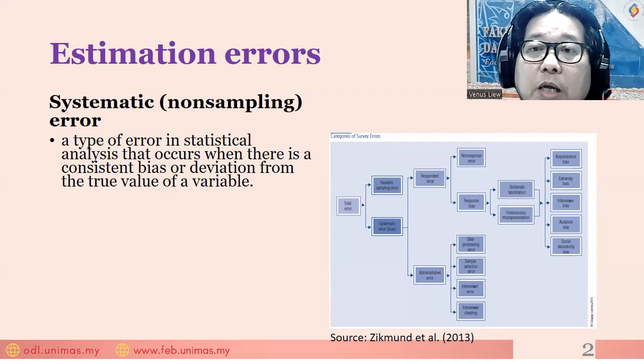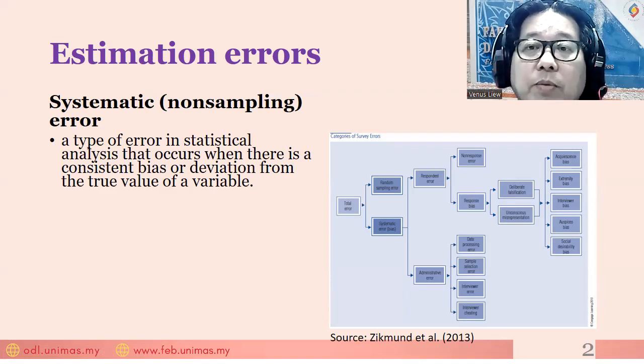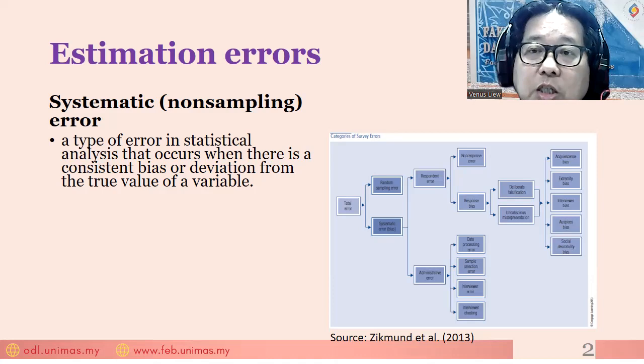For example, if we want to find out the average household expenditure in the population, one way to estimate is to get a subset of the population, which is a sample, and get the observation from the samples, and then we do the averaging of the household expenditure.